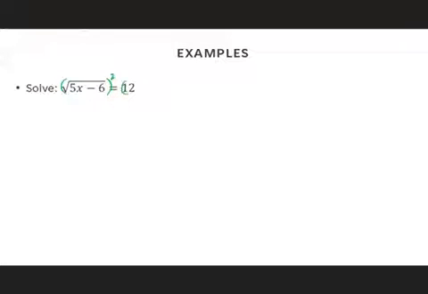So I'm going to take that entire side and square it, and I take this entire side and square it. So the square of a square root is going to be 5x minus 6. 12 squared is 144. So we add 6 to each side. So 5x is 150. And we divide by 5. So x is 30.